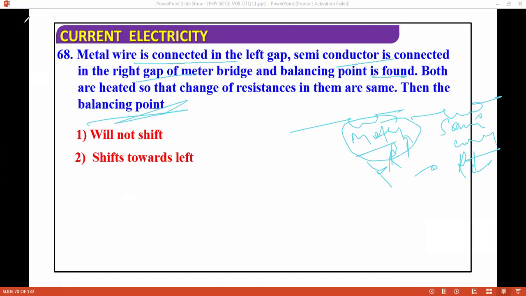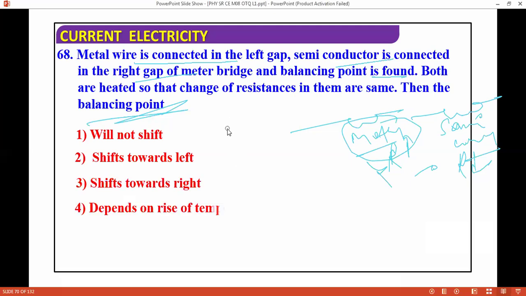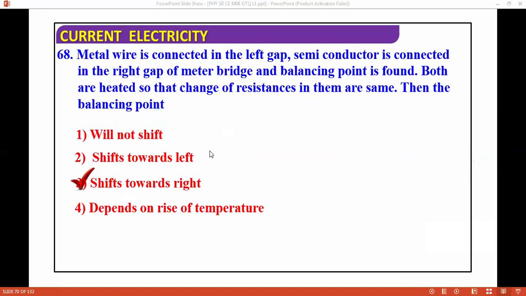The question is talking about the balancing point, and where resistance is more, you need more length. So the correct answer is shift towards right again. Okay, we are moving to the next question.